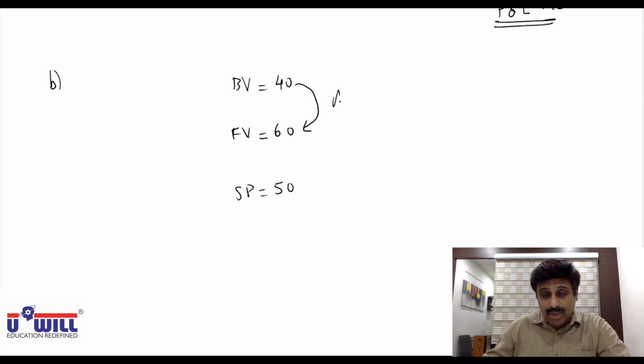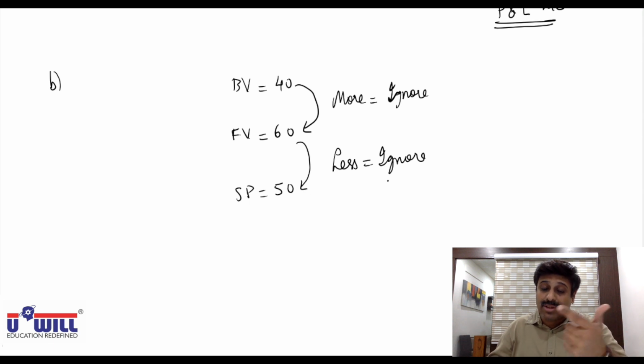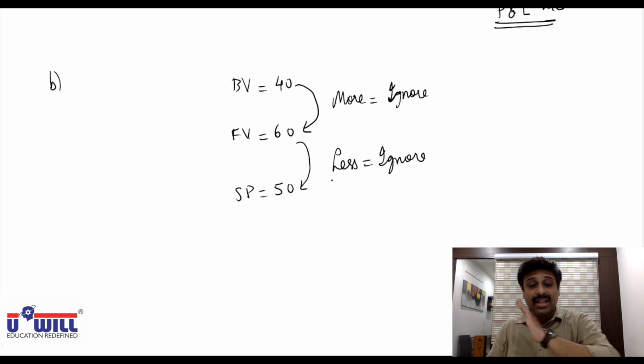If fair value is more, ignore. If selling price is more, you take the profit and loss immediately. If it is less, ignore. Selling price is less than fair value, that also you ignore. In the above situation, more is to be ignored. In the below situation, less is to be ignored.